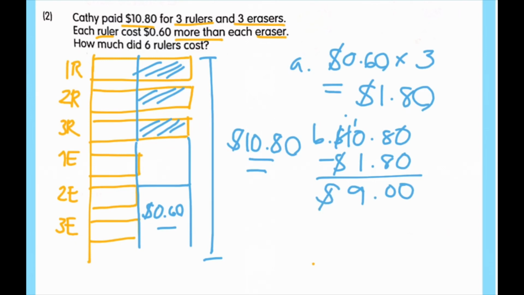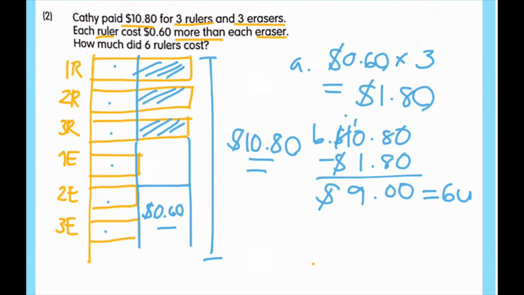What is $9 all about? $9 is equivalent to the remaining 1, 2, 3, 4, 5, 6 units. We need to know how much is the cost of 6 rulers.